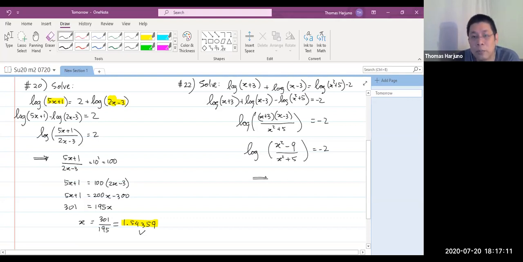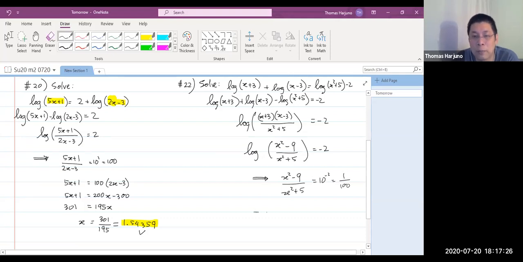So change it into exponential form. x squared minus 9 over x squared plus 5 equals 10 to the -2. That's 1 over 10 squared, 1 over 100.